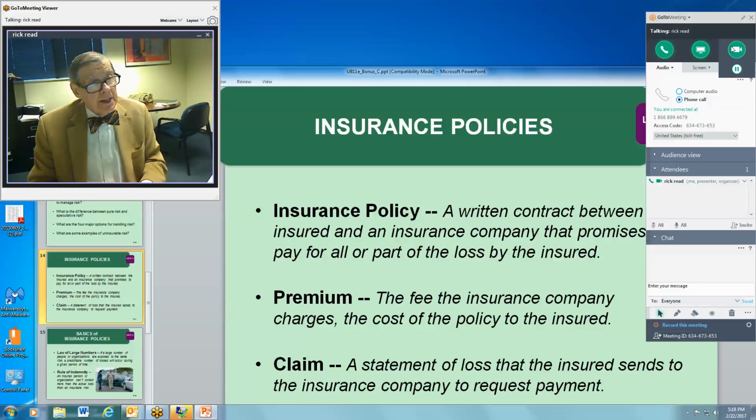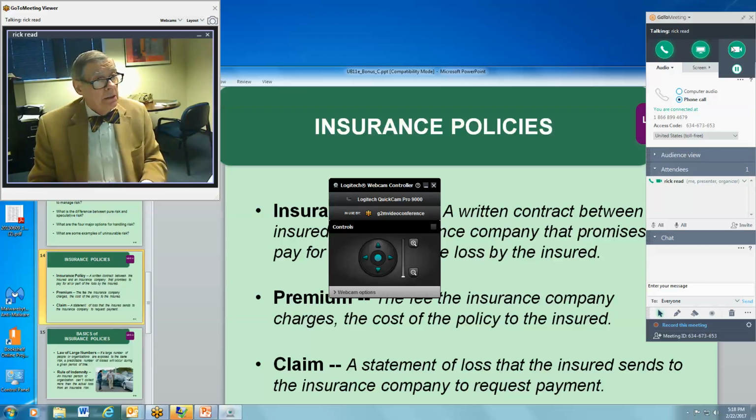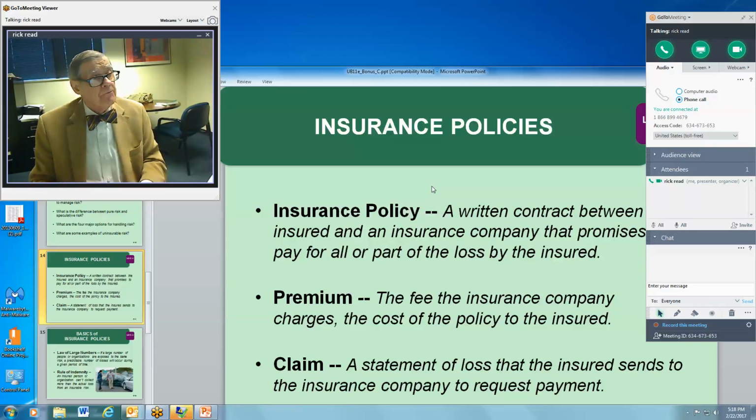Now, what that simply means is that if you decide you want to cash in and get $100,000 on your house, I'm only using that as a figure, and set fire to the house, that's not going to happen if somebody can prove the fact that you set the fire. Or you had somebody else set the fire, you paid somebody else to set the fire. But if a fire occurs from natural events like a storm or whatever, an accident, the company's going to pay.